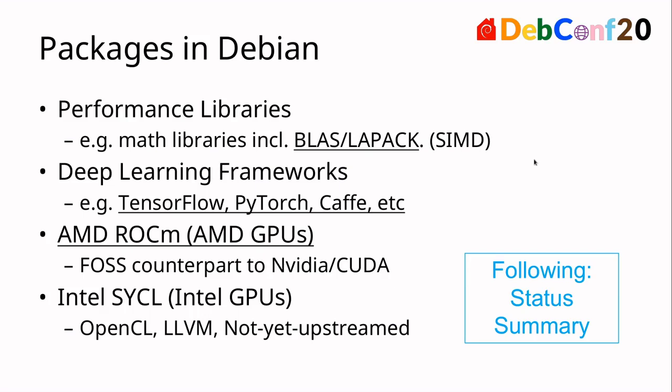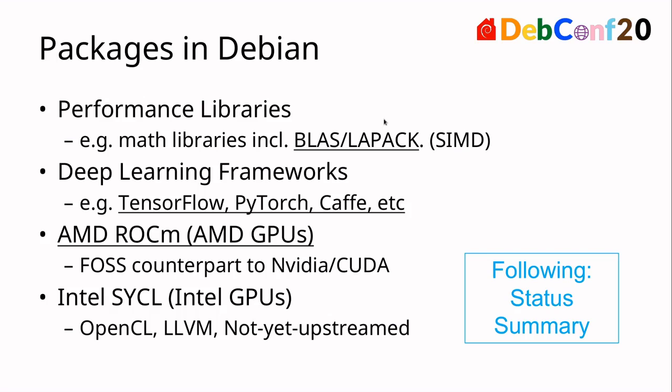The first aspect is the maintenance of performance libraries and introducing new ones. For example, the fundamental mathematical libraries, including the BLAS and LAPACK libraries. The second aspect is deep learning frameworks. For example, TensorFlow and PyTorch. They are the top 2 deep learning frameworks.